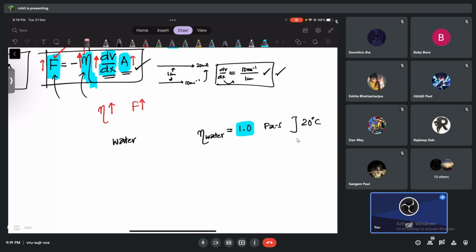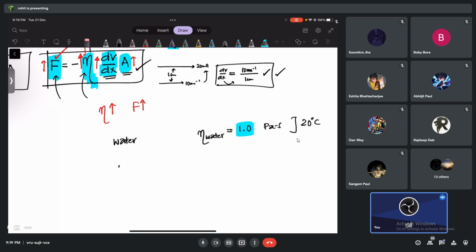Look at this, I'm going to write for blood. Actually, I should mention the temperature also, but right now I am just writing 37. Eta for blood at a temperature of 37 degrees Celsius is, will it be less than 1?